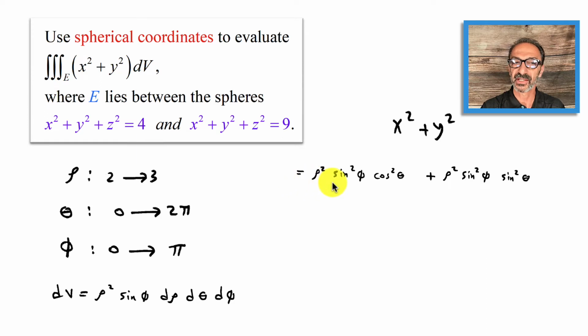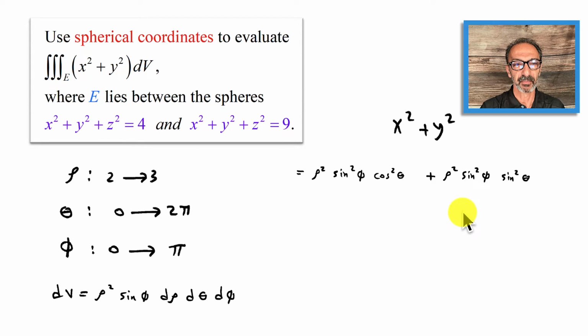Rho squared sine squared phi cosine squared theta. That's for x squared. And y squared is going to be rho squared sine squared phi sine squared theta. So they look similar. The difference is this is sine instead of cosine for theta.